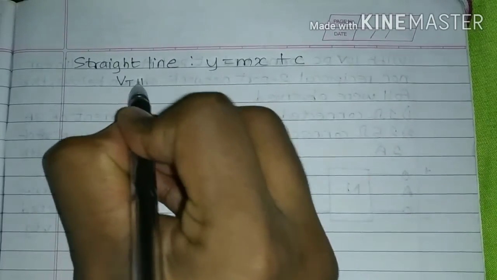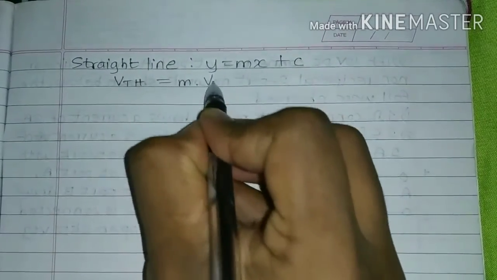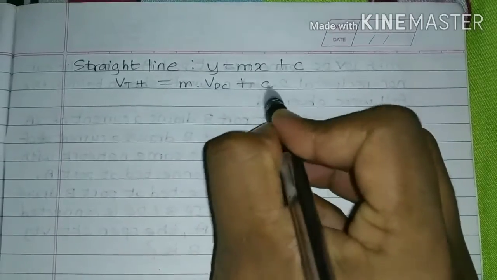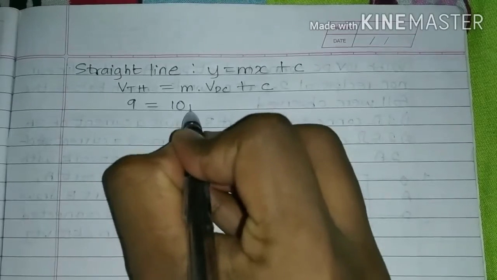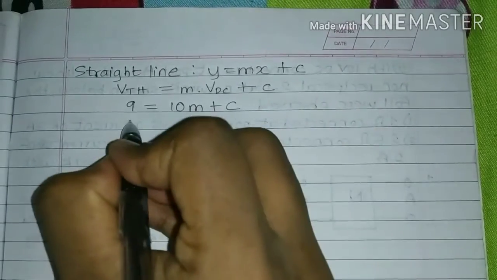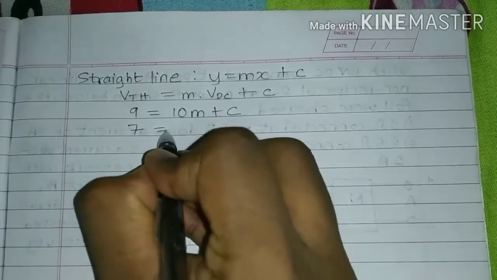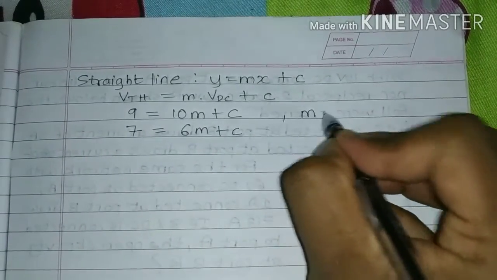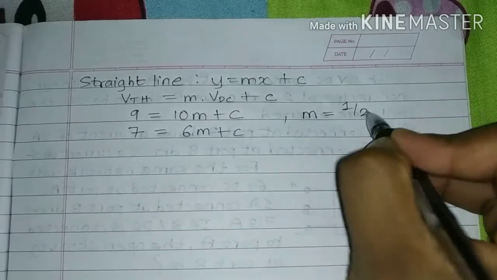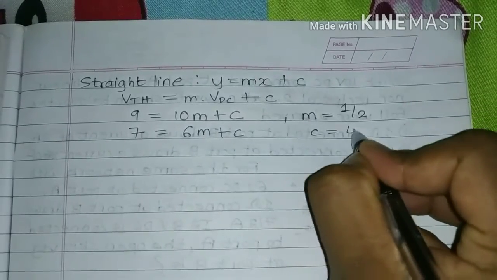Hence, VTh is equal to m into VDC plus c. Therefore, 9 is equal to 10m plus c, and 7 is equal to 6m plus c. On solving these equations simultaneously, we get m is equal to half and c is equal to 4.